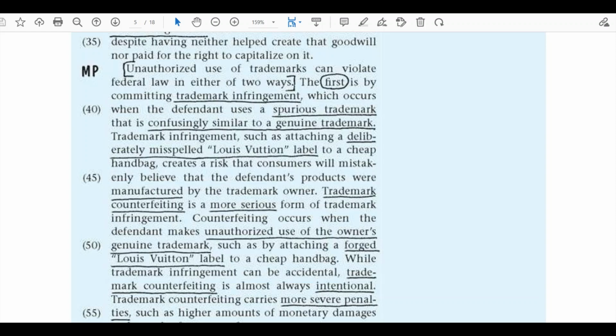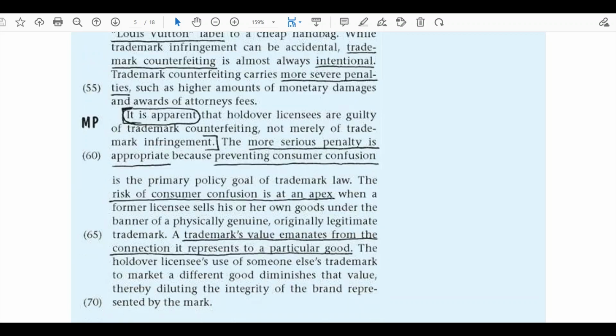While trademark infringement can be accidental, trademark counterfeiting is almost always intentional. Trademark counterfeiting carries more severe penalties, such as high amounts of monetary damages and awards of attorneys' fees.